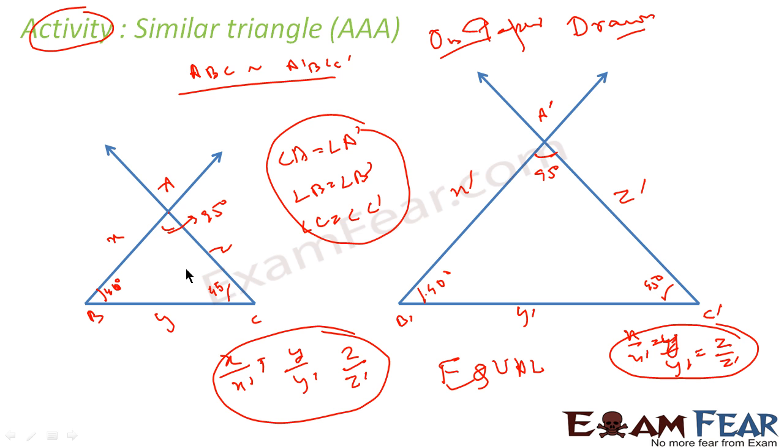And then we observe that angle A is equal to angle A dash, B is equal to B dash, C is equal to C dash. And then we observed that X by X dash, with the lengths calculated using the ruler, and Y by Y dash and Z by Z dash were all the same. This was the activity to prove that if all the angles are the same in both the triangles, they are similar.